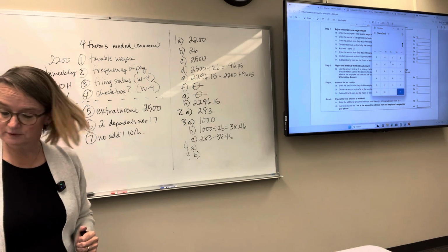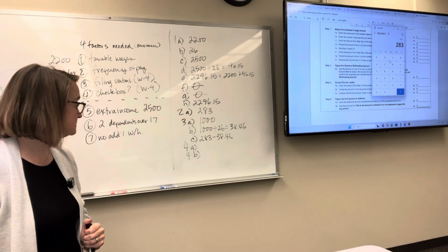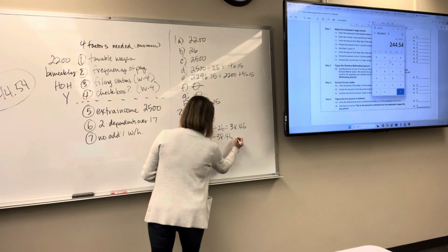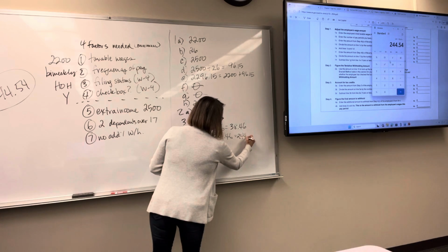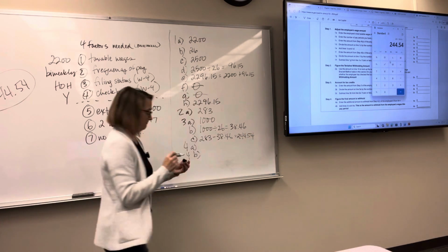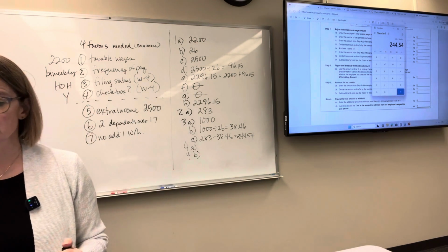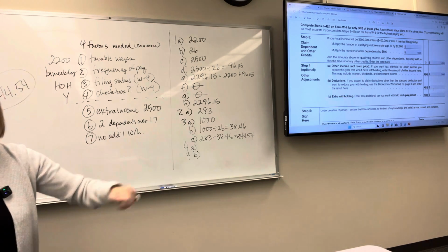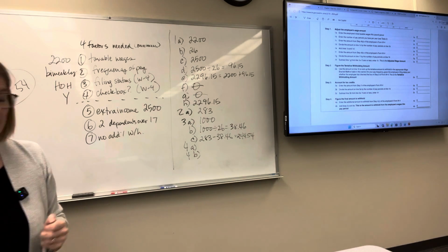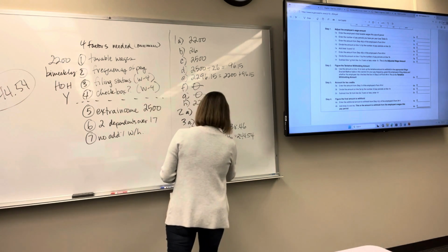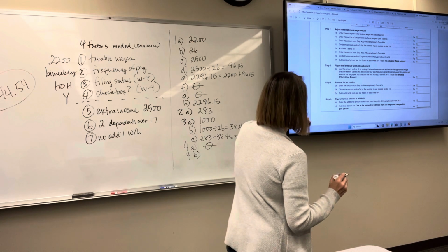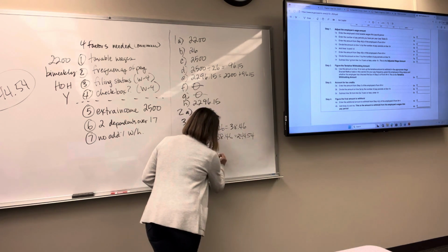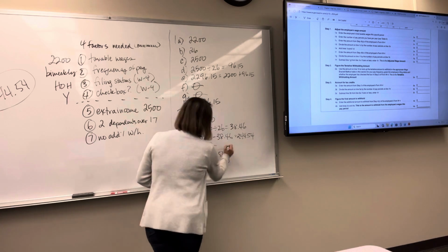So 283 minus 38.46, 244.54. 4A, additional amount to withhold. They don't have any additional withholding, so there's nothing there. So 0. And 4B, add lines 3C and 4A, which is 0, 244.54. That's their withholding.